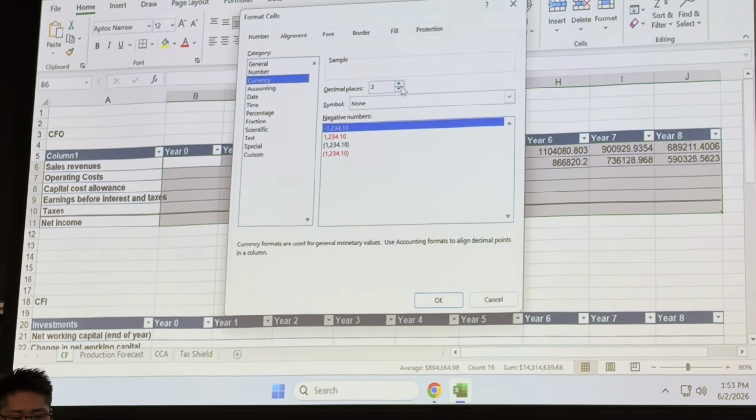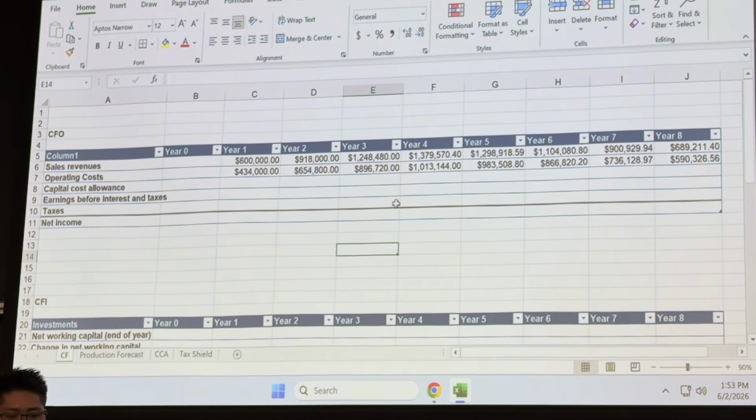Everything is in currency, 2 decimal place. Now it's nice and pretty. Okay? Any question up to this point? That's basically the first step. Good? Okay. Now, moving on.